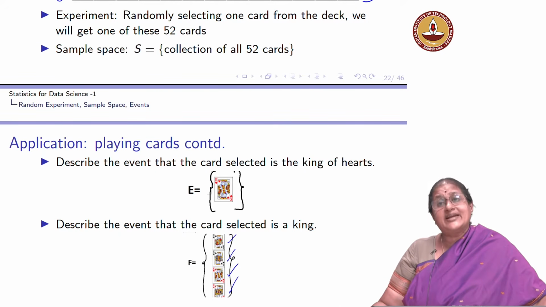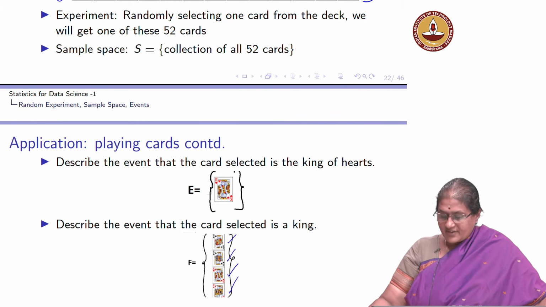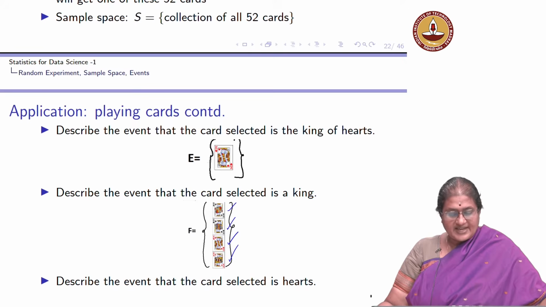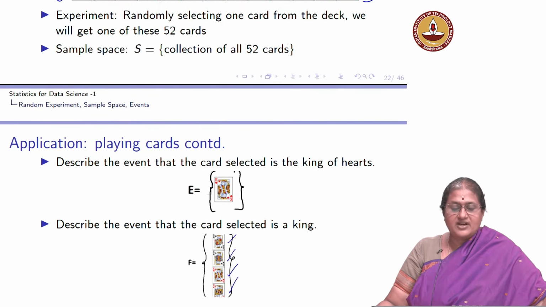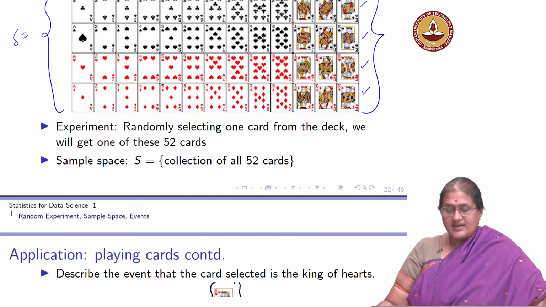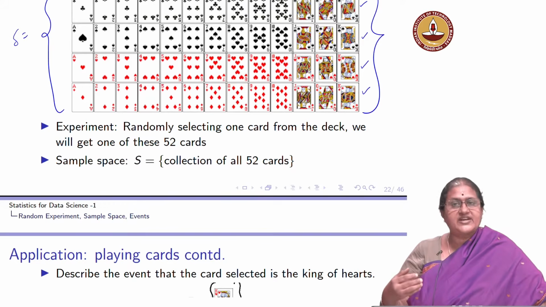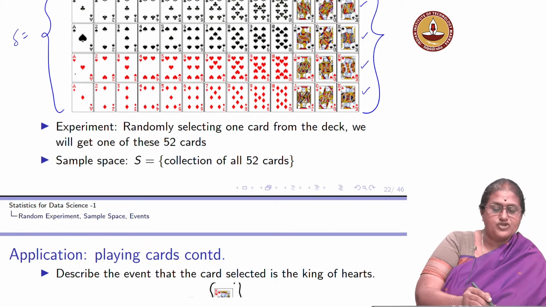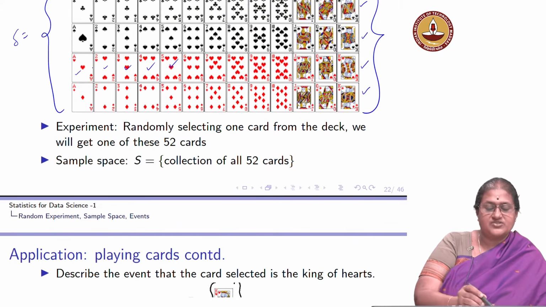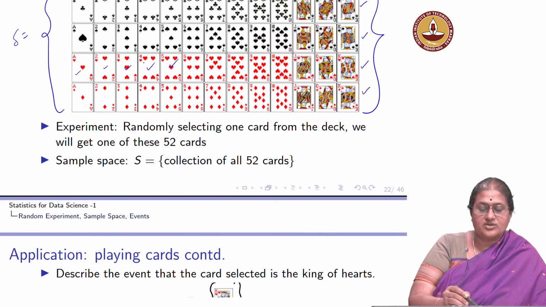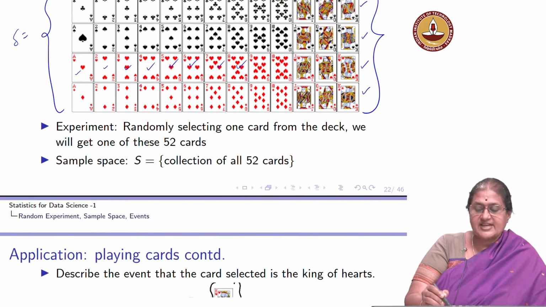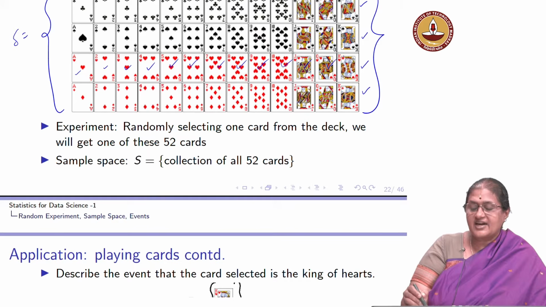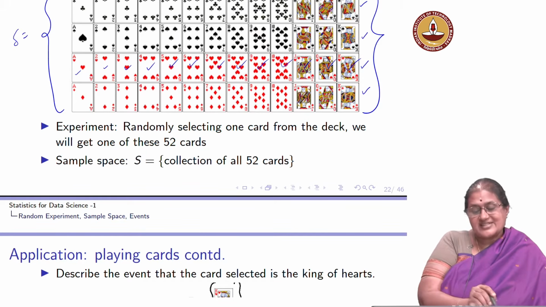Now let us look at the next event. The next event I am going to define is the event that the card selected is a heart. Again, let us go back to our deck of cards. You can see that the outcomes which satisfy this event can be any one of these cards: ace of hearts, 2 of hearts, 3, 4, 5, 6, 7, 8, 9, 10, jack of hearts, queen of hearts and king of hearts.